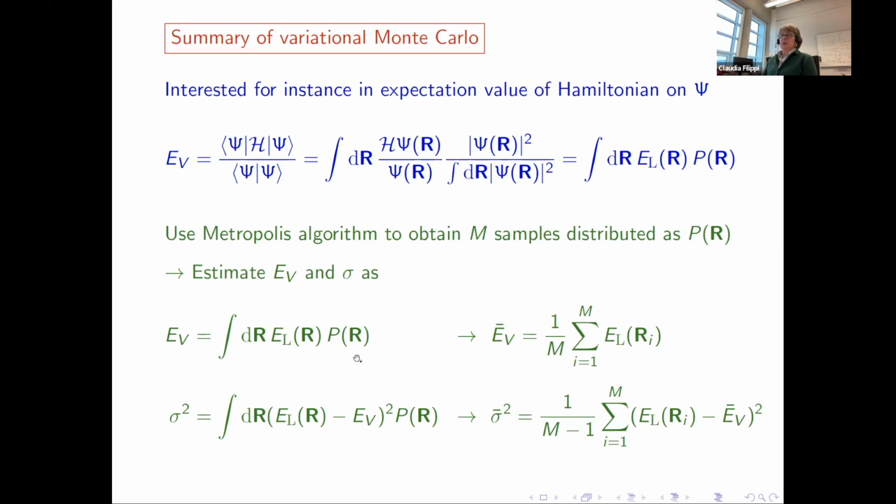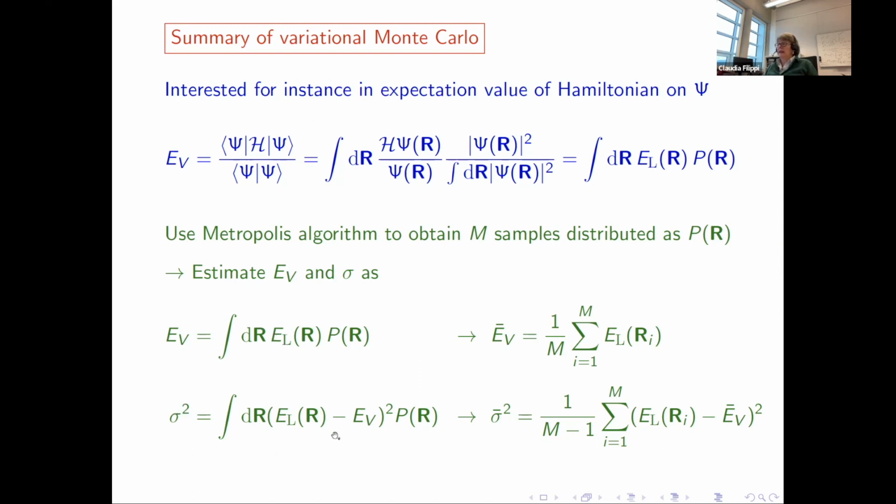So as I said, we take an observable, energy is the simplest. We sandwich the Hamiltonian, we rewrite this integral as a probability density times a local quantity. We use Metropolis to obtain M samples distributed according to P of R. And then we can estimate the energy, and also the variance, the fluctuation, or the variance if it is squared.